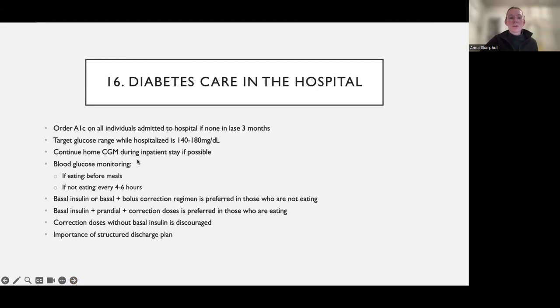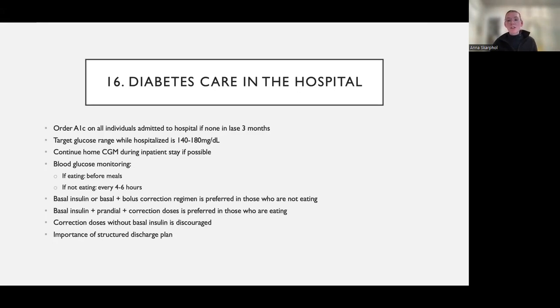They can also keep their home CGM on if possible, and then it gives recommendations for how to monitor. Usually it's just going to be insulin in inpatients because it's easier, and then monitoring with blood glucose monitors. They also bring up the importance of a structured discharge plan, which this year on rotations, I've really seen the importance of.